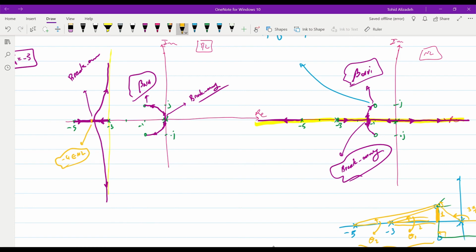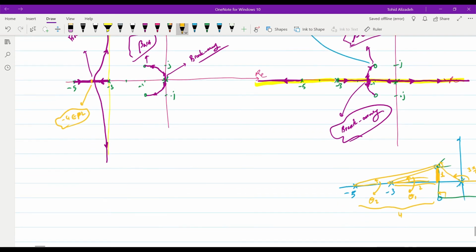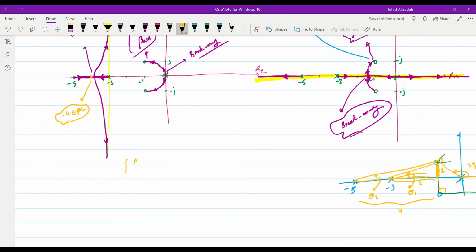So minus 4 belongs to the positive locus. We need to apply the amplitude condition at s equal to minus 4. And since it belongs to the positive locus, this will be equal to 1 over rho.